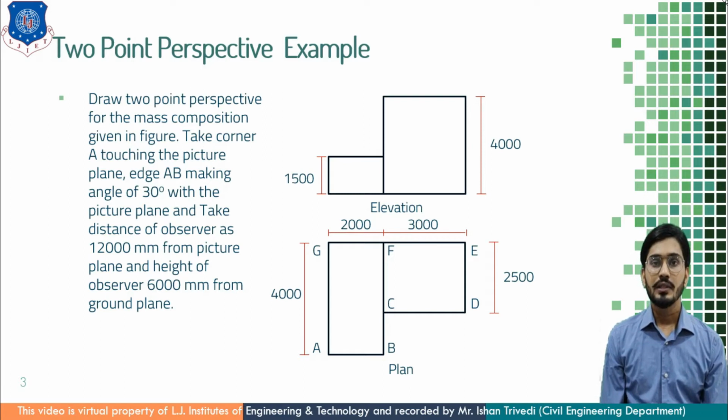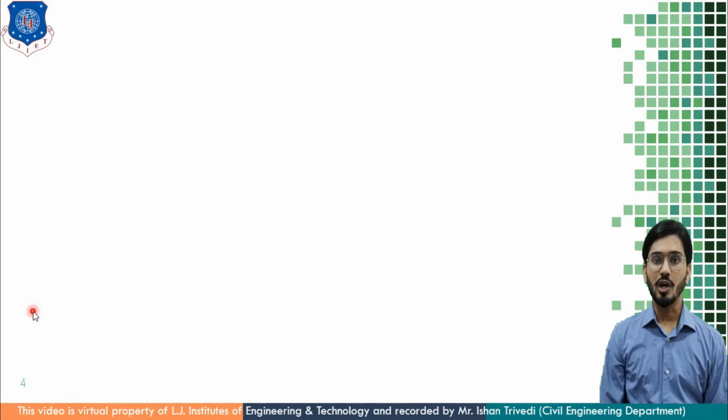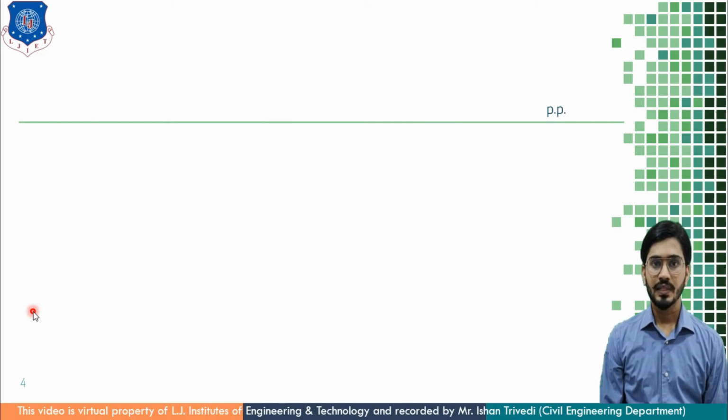Now let us plot this two point perspective on a drawing sheet. First of all, you have to plot a picture plane, which is represented by a horizontal line. Now in this two point perspective, you have to make an angle of 30 degrees. So in your drawing sheet, you have to keep open space on the right hand side and less space on the left hand side.